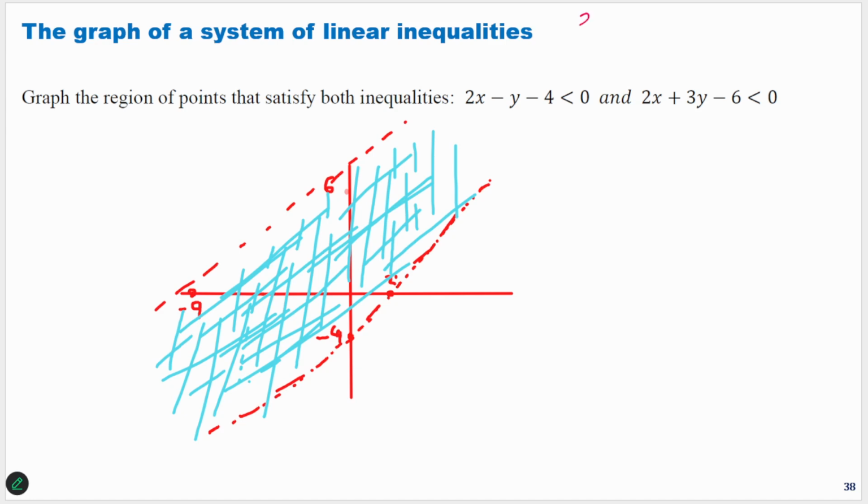So first of all, we know 2x minus y minus 4 is less than 0 is equivalent to y is greater than 2x minus 4, right? And then corresponding lines can be represented in this way. Line, we call line L1, which is y equals 2x minus 4. This is the boundary of the first inequality, right?